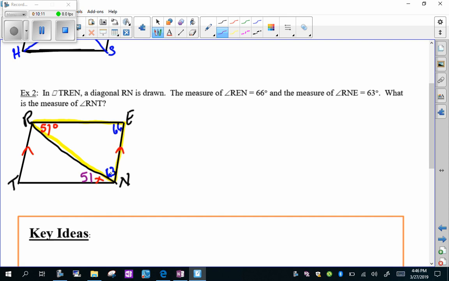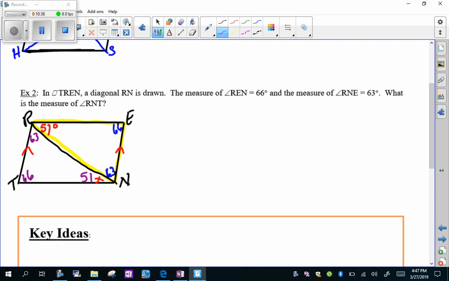Okay, now I can continue filling in if I want. I can use that same theory of 63. If this angle here is 63, which was given to me, the alternate interior angle has to be 63. And then I can, again, use simple math to figure out what the angle T here is. That's 66.